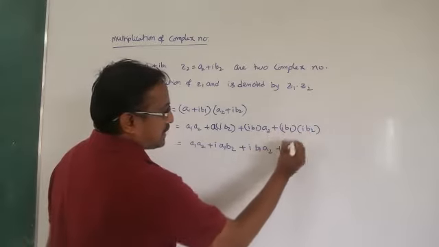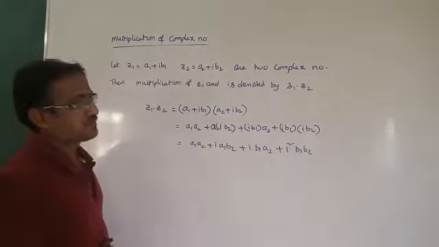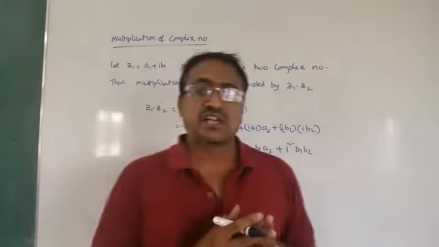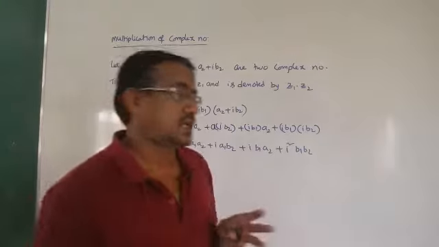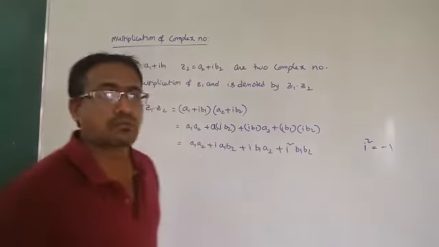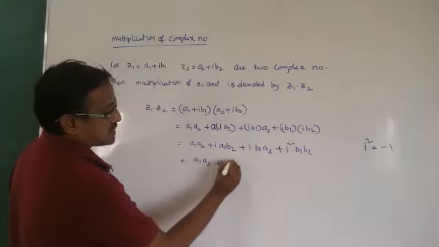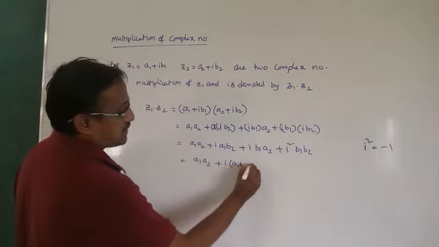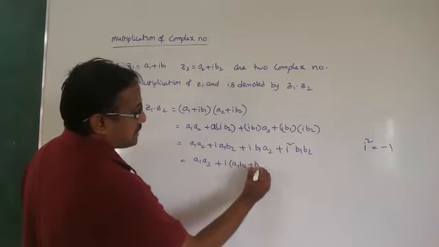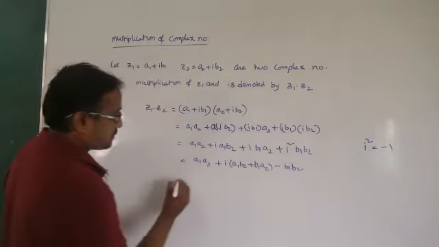Now you have i into i, it will be i square b1 b2. We know the definition of i square, and Euler has given that i square is equal to minus 1. So a1 a2 plus i into a1 b2 plus b1 a2 minus b1 b2.